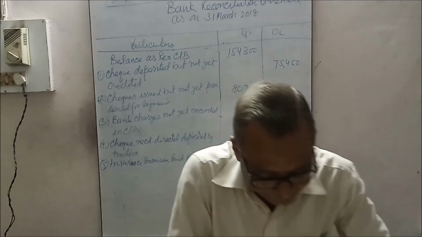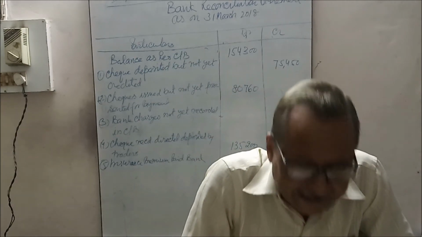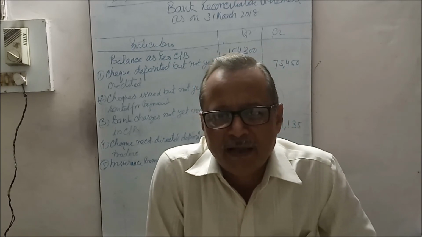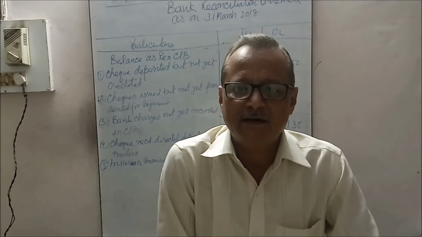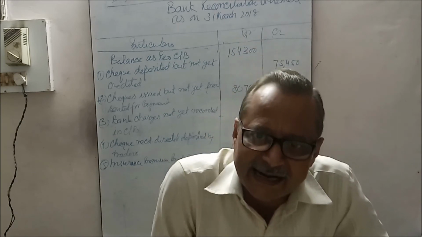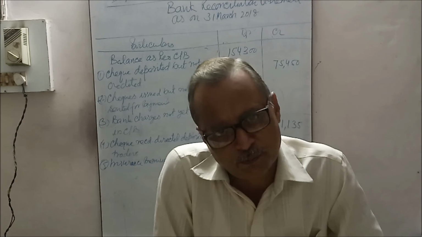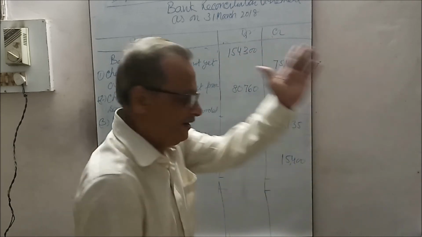Now next is dividend collected by the bank. The bank has collected that dividend on behalf of the business or the customer. The bank has credited the passbook but it was not debited in the cash book. That should be debited.